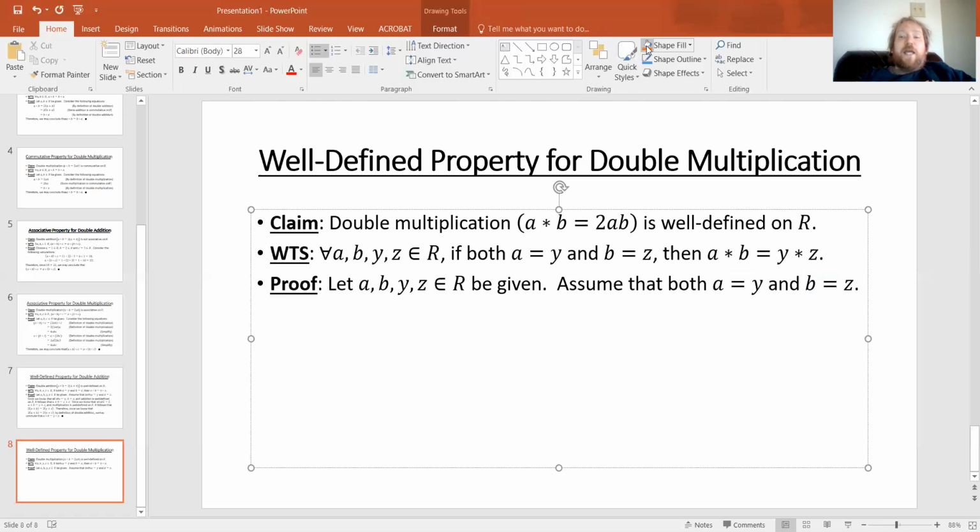Now, if you don't see how to prove the then part right away, work backwards from where you want to show.